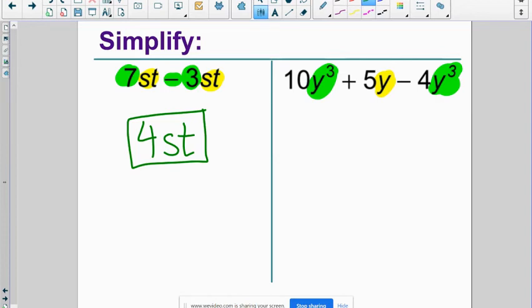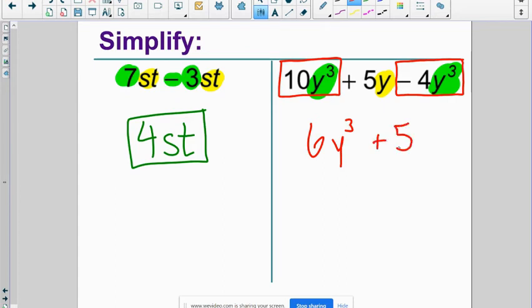So we want to go ahead and combine the two like terms, excuse me, 10y to the third power, and then 4y to the third power, which has a subtraction by it. So we combine that way, 10 of the y cubes minus 4 of the y cubes. Well, 10 minus 4 is 6, so that would leave me with 6y cubed. And then we just bring down the plus 5y.